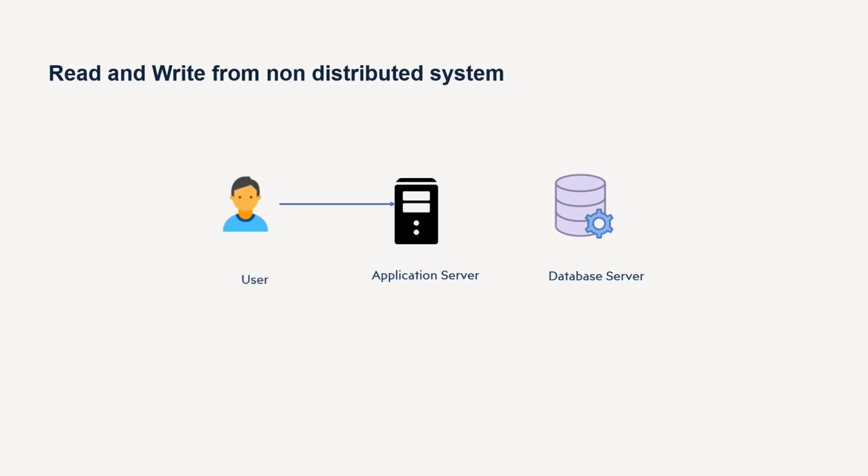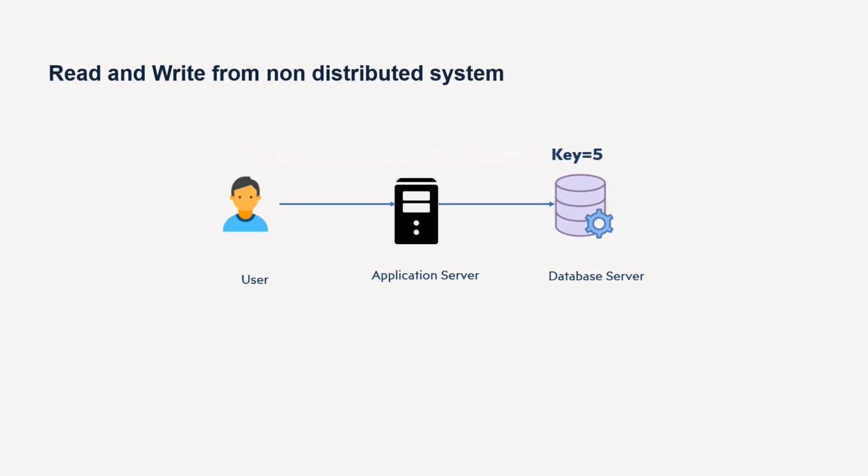So let us understand how keys are distributed in a non-distributed system. Suppose you have a database server, an application server and a client. The client sends the request to the app server, and the app server saves whatever key, say for example 5, a numeric number, to the database server.